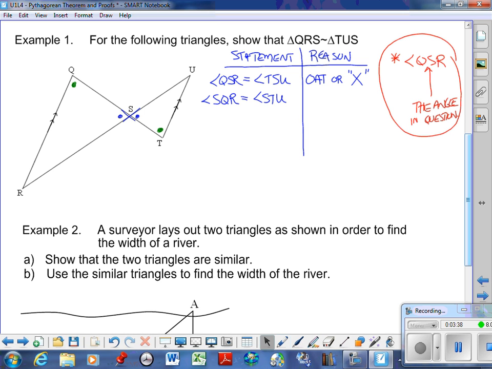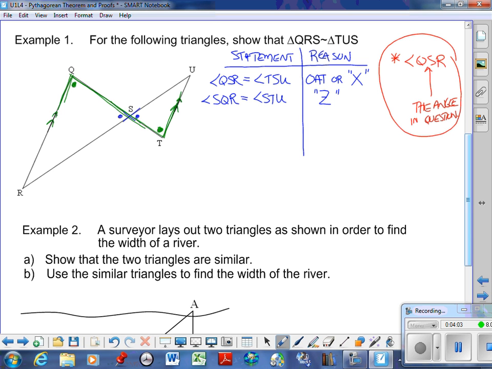Again, if you're answering these questions, I can't hear you, so you can talk out loud. I do that all the time. What happens is we have parallel lines, and this creates what we call the Z pattern. The armpits of the Z are the same, so those two angles are the same. So I'm just going to simply put the Z pattern.